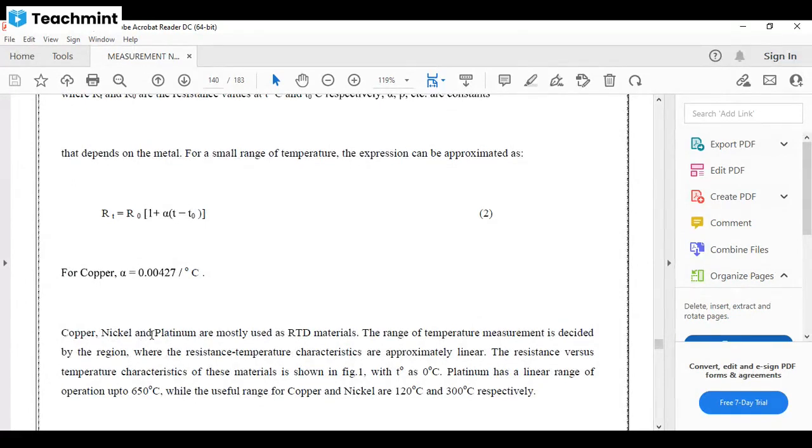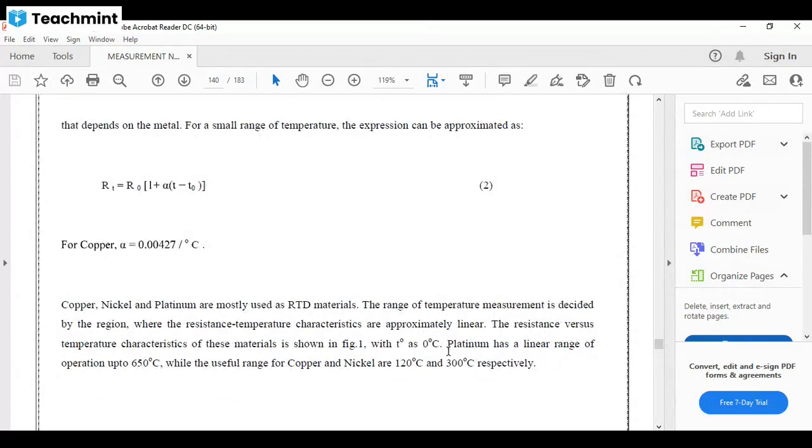The nickel and platinum are mostly used as RTD material, and the range of temperature measurement is decided by the region where the resistance-temperature characteristics are approximately linear. The resistance versus temperature characteristic of the metal is shown in the figure.